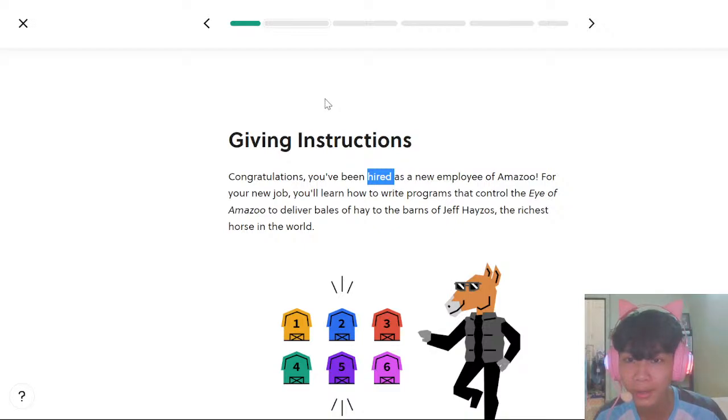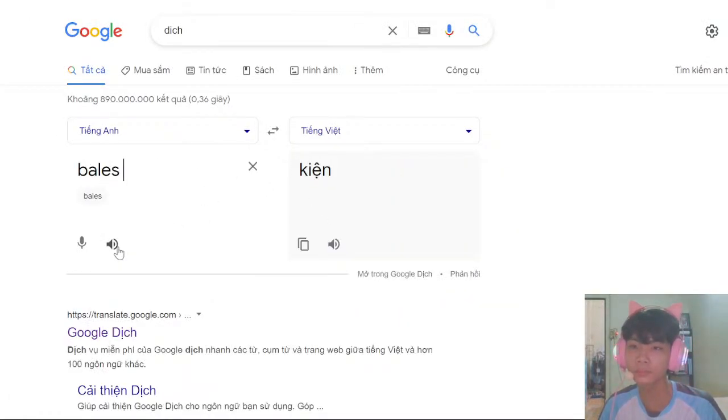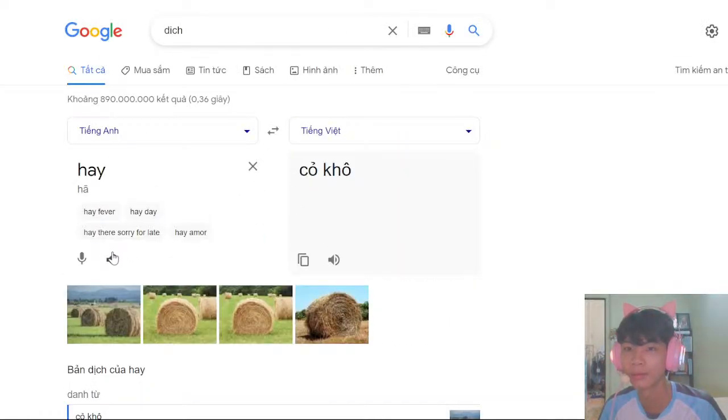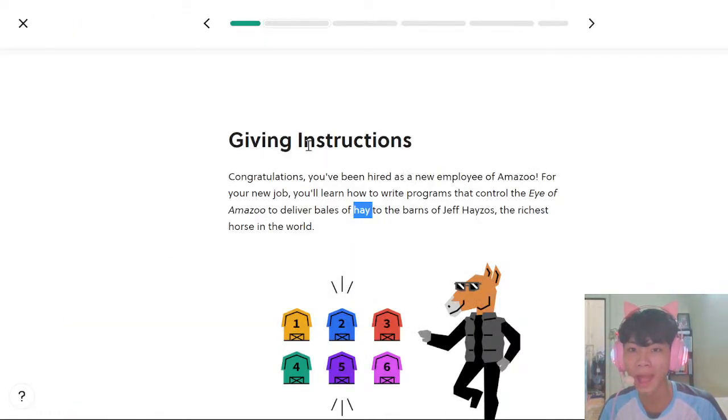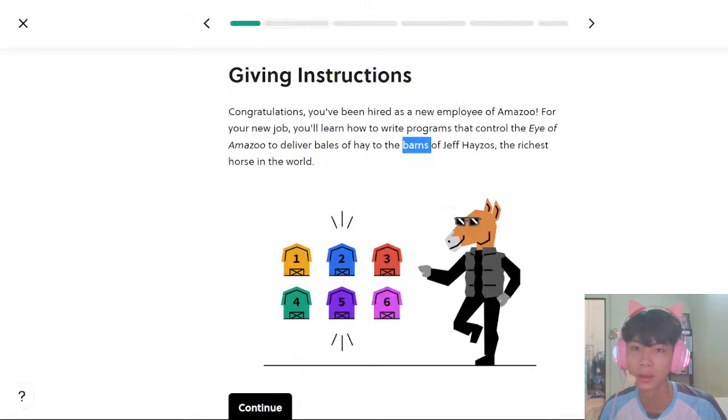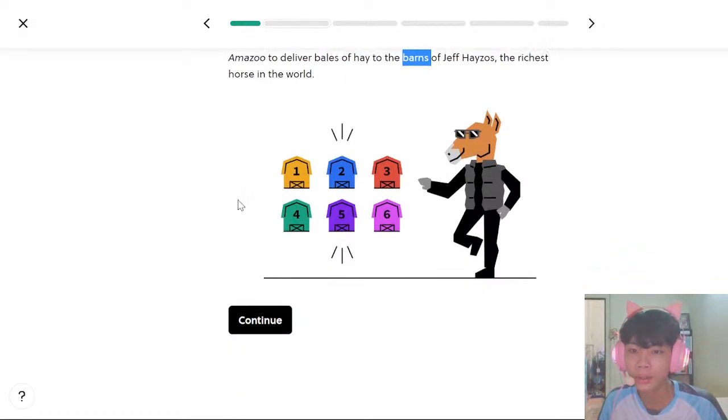For your new job, you'll learn how to write programs that control the Eye of Amazon to deliver bales of hay to the barns of Jeff Bezos, the richest horse in the world.